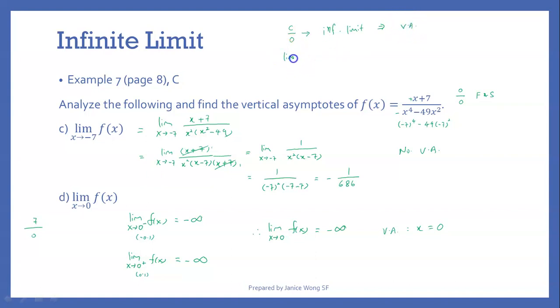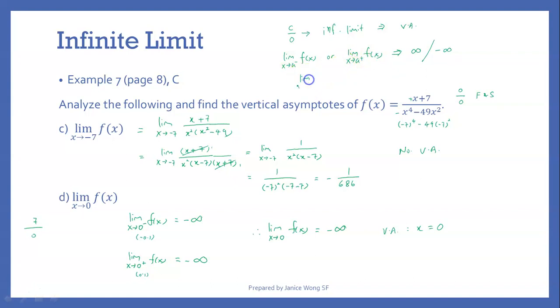So for a one-sided limit, whether it's a minus or a plus, something over 0 indicates that the answer must be either infinity or negative infinity. We need to check the sign. Is it positive or negative? By substituting a value as a representative.